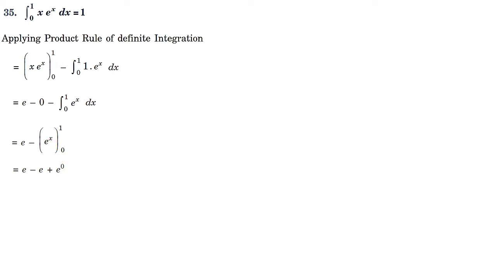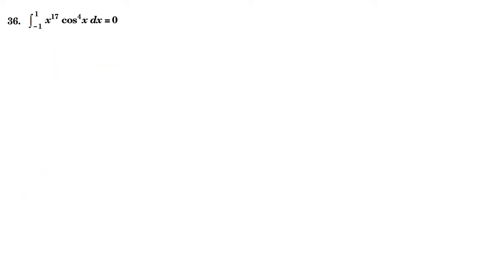If inside the bracket only, upper limit minus lower limit, e minus e power 0 will be coming. When we remove the bracket, this portion will be coming: e minus e, minus into minus plus e power 0. So e minus e is cancelled and e power 0 is 1. So that is our right hand side, hence the proof.